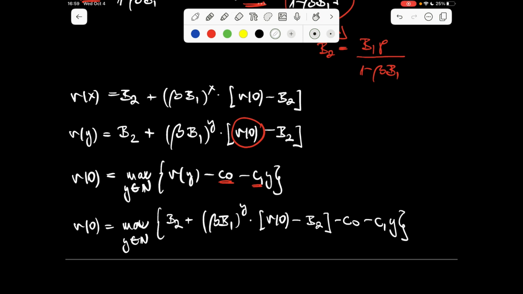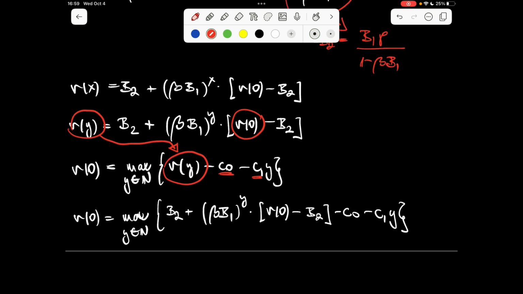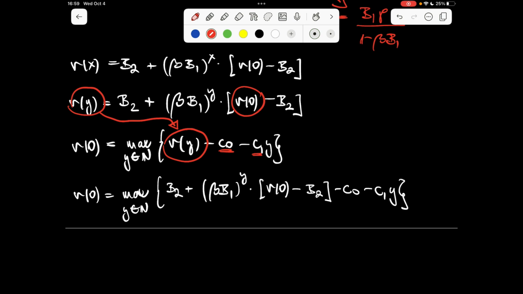This is going to be exciting because what we have done is building this equation into the value function at 0. So, ta-da! We have a very fancy value function which I want to highlight because this is the equation which we are going to use for finding the first order condition.